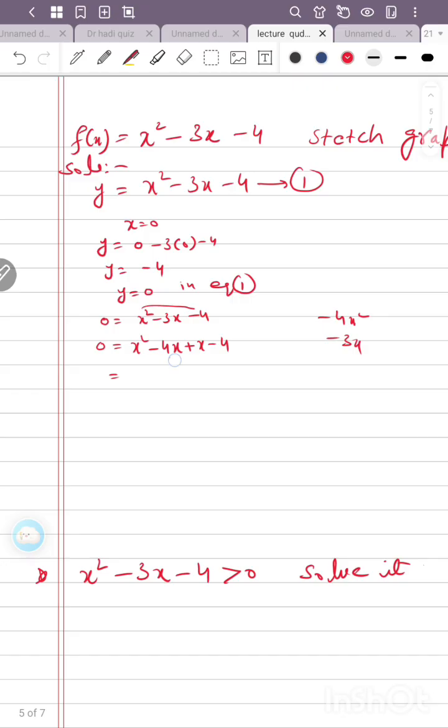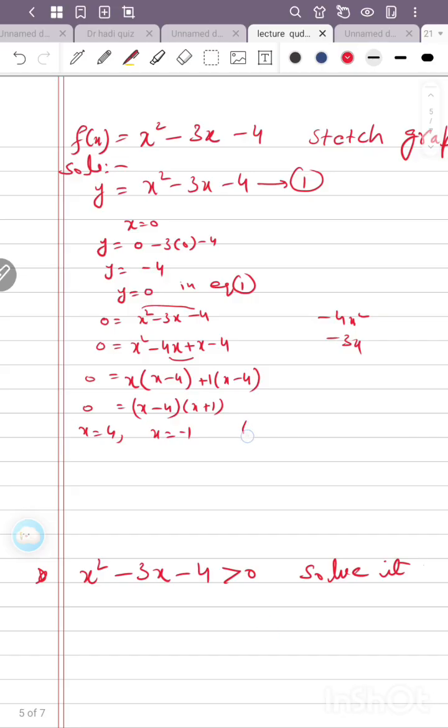So our best choice is minus 4x plus x. Here x is common, x minus 4 plus 1 is common, x minus 4. So we got the answer x minus 4 and x plus 1, x equal to 4 and x equal to minus 1. So these are our points.